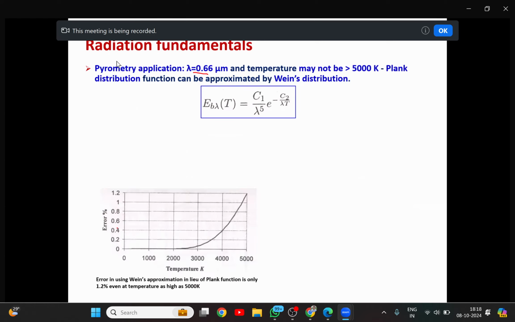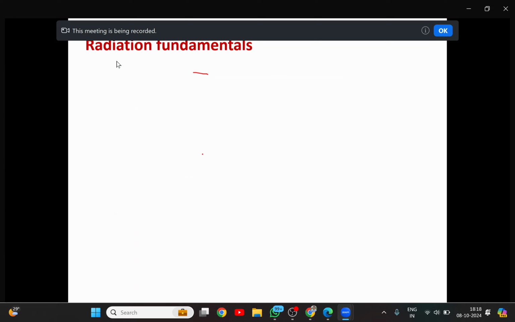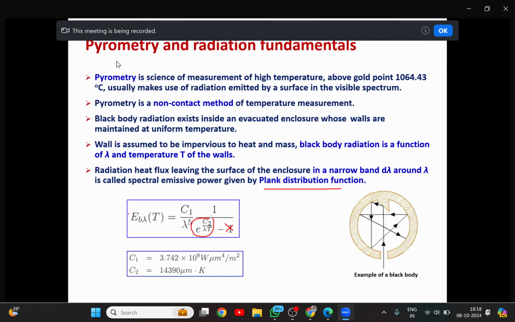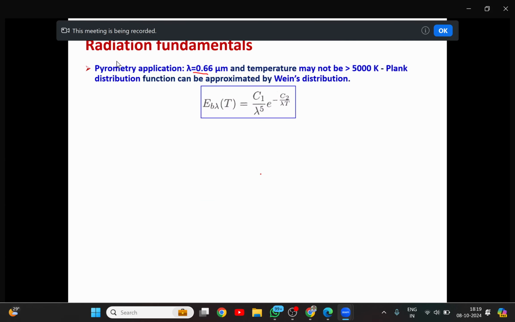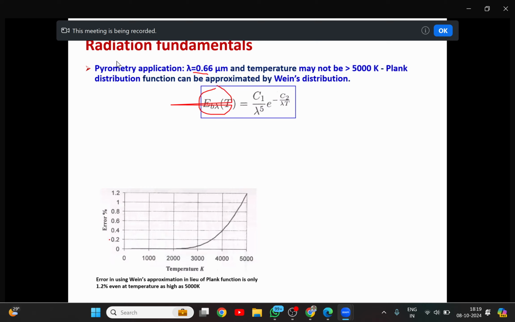You can see this plot here. The x-axis is the temperature going from 0 to 5000 Kelvin. The y-axis shows the error. What is this error? By going to Wien's distribution from Planck's distribution, it is the difference between E_B lambda T predicted by Planck's distribution and that predicted by Wien's distribution, given as a percentage error.